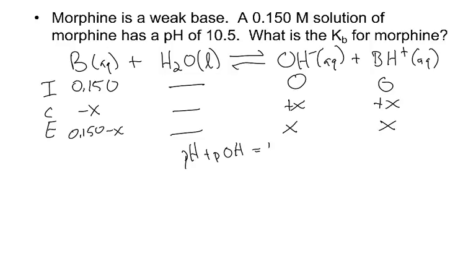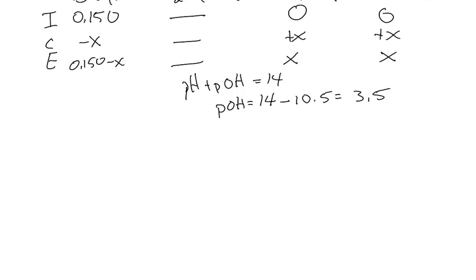So I know pH plus pOH is equal to 14. So that means the pOH is going to be 14 minus the pH, or 3.5. And let me move this up, give us a little bit more room. I know that the hydroxide ion concentration is 10 to the minus pOH.